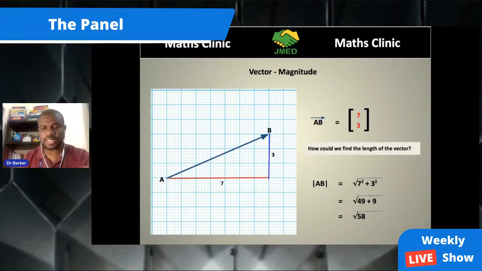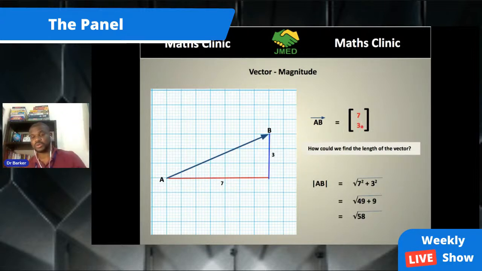So this layout is a basic idea of how to find the magnitude. I won't spend too much time on it, because when you start working through stuff with Mr. William, you'll see a lot of questions that ask these types of questions. But the main thing to remember is that the reason we can just use these numbers is because you're really forming a triangle, all right? But if you don't see the triangle, you can just carry on knowing you square, square, add them together.